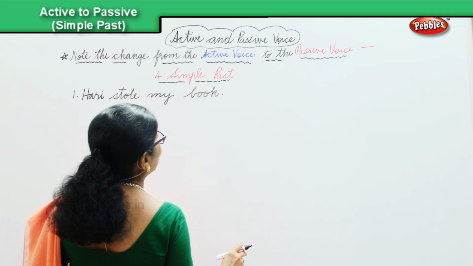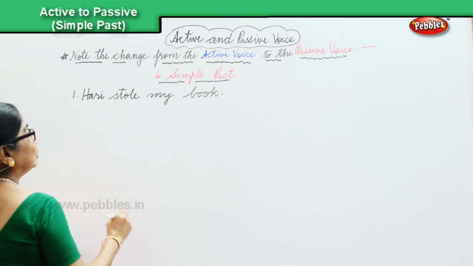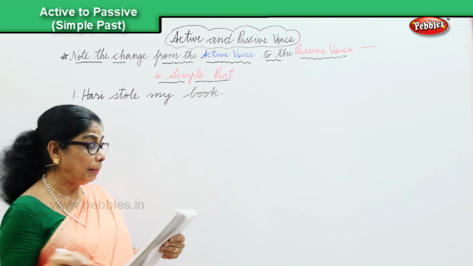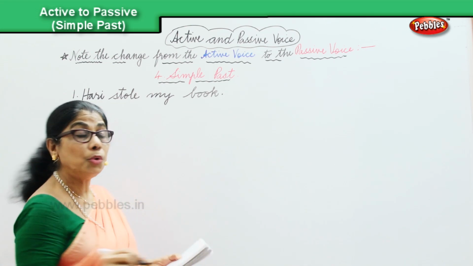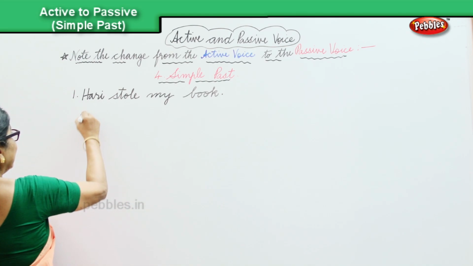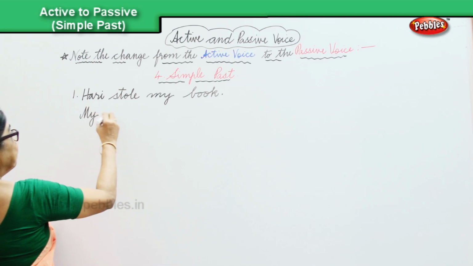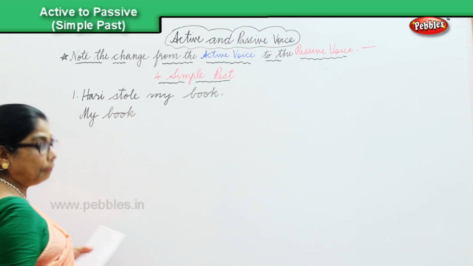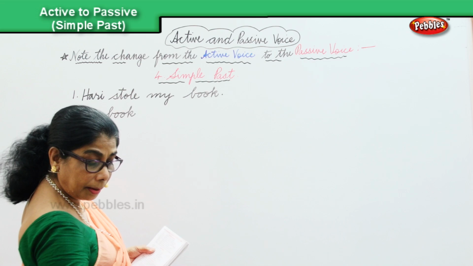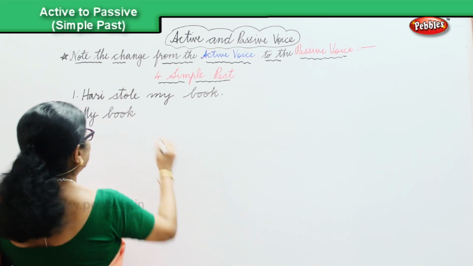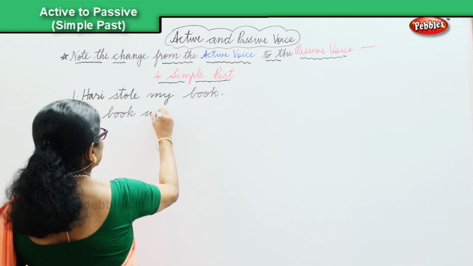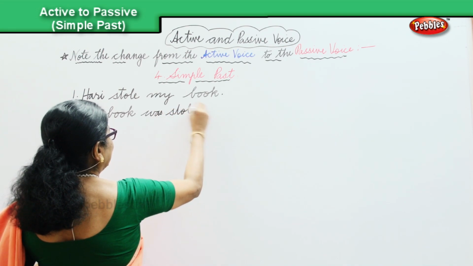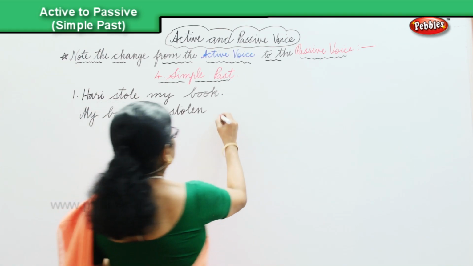And when we change over the active into the passive in the simple past, it becomes my book was stolen by Hari.